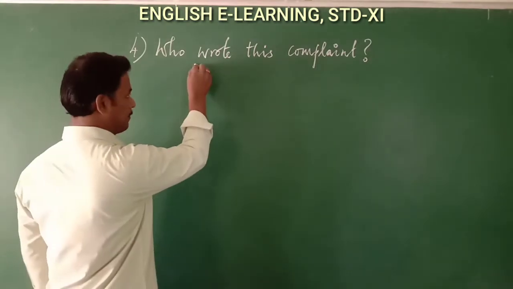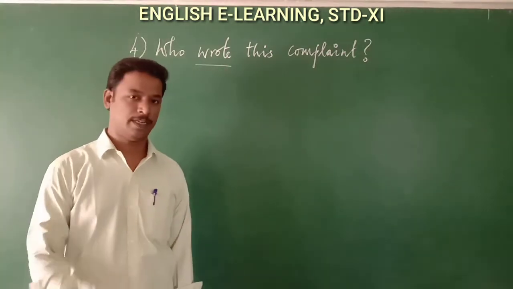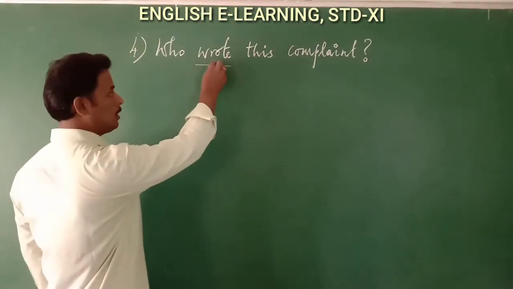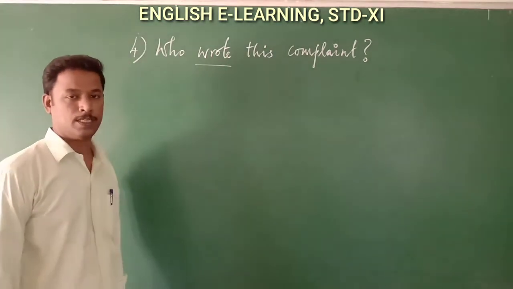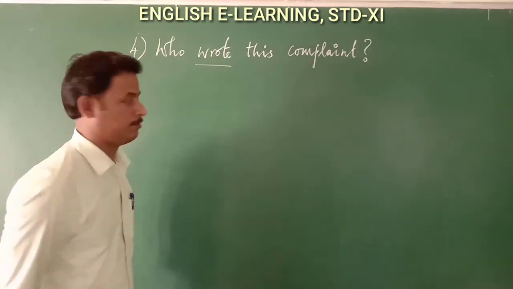The verb pattern. We have to analyze the finite verb. What is the finite verb used here? Wrote. There is no other additional verb. There is no auxiliary verb. There is no helping verb. Right.